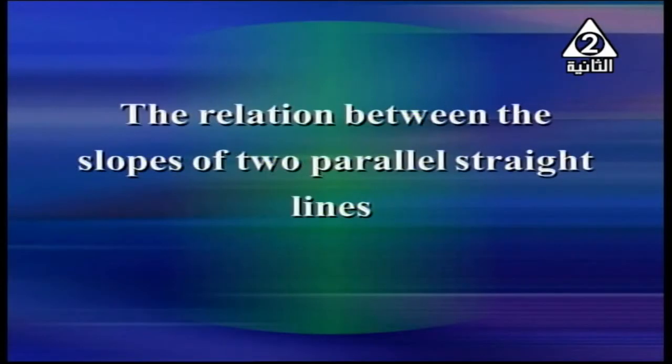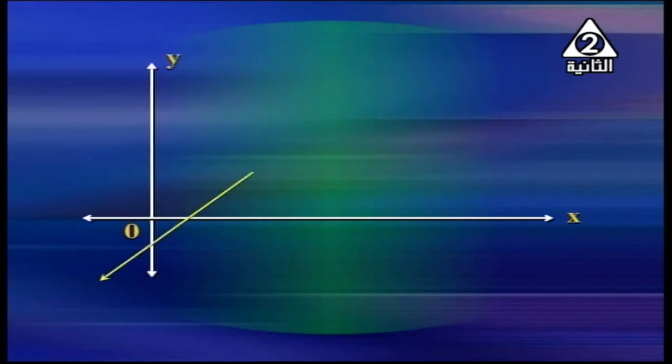What about the relation between the slopes of two parallel straight lines? First of all, look at such a graph. If you plot the two axes, the x and the y axes, draw L1 straight line, which makes an angle of measure theta 1 with the positive direction of the x-axis.